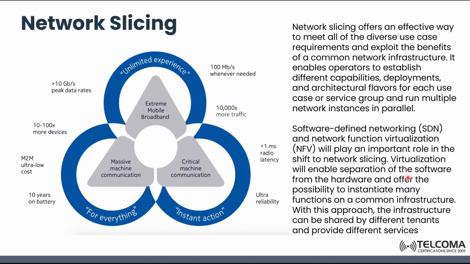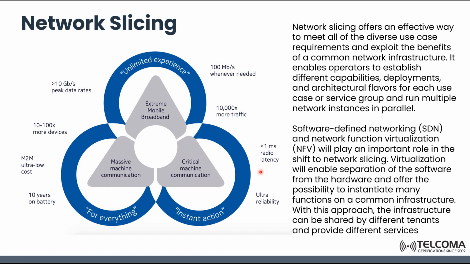Virtualization enables separation of software from hardware and offers the possibility to instantiate many functions on a common infrastructure, meaning a common network infrastructure with different network slices implemented in software. We will decouple the hardware and the software so that they can evolve and change separately, and they can implement different types of network architectures to meet all the multiple requirements.